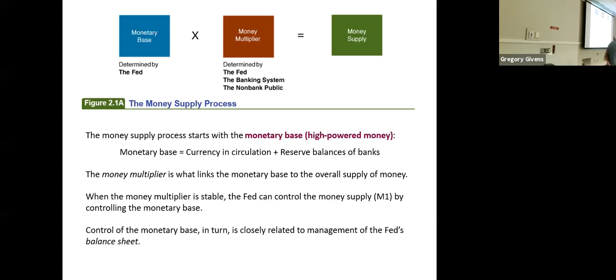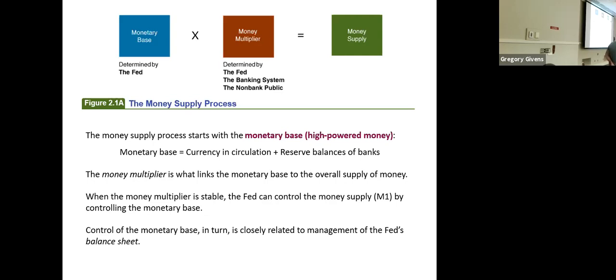And so if the money multiplier is volatile and unpredictable, that tells us that the Fed is not going to be able to tightly control the money supply by adjusting the monetary base, because it can't predict perfectly what the money multiplier is going to be. And why is that?